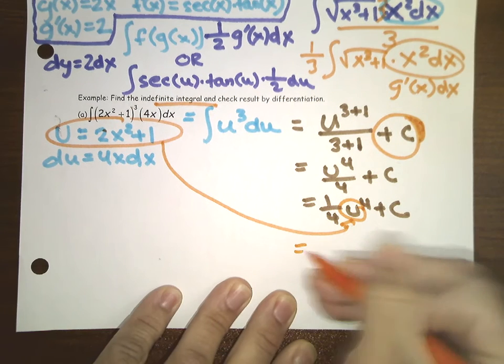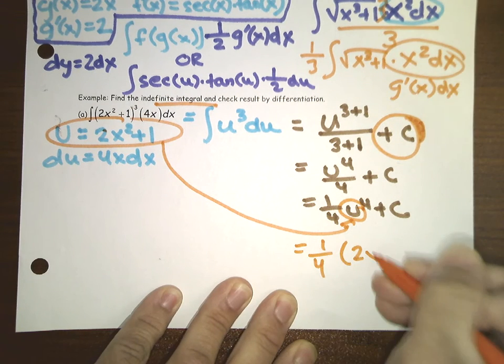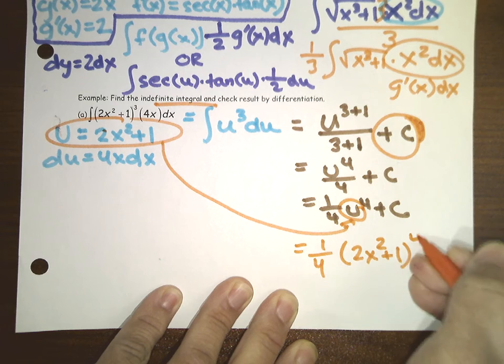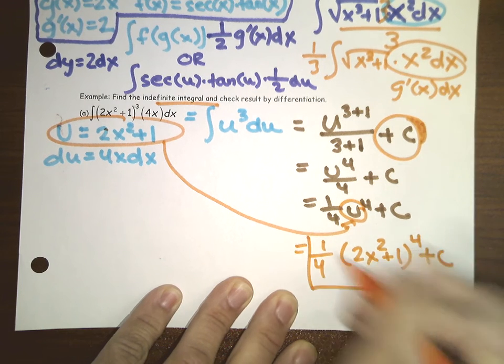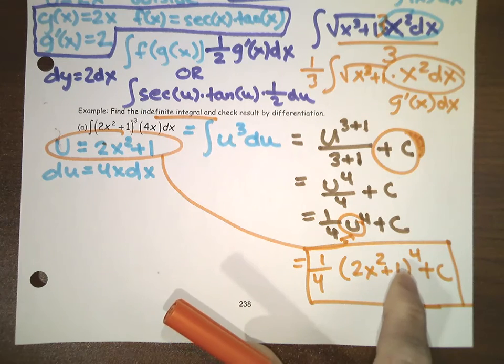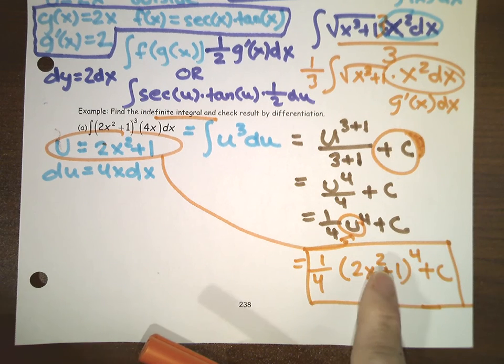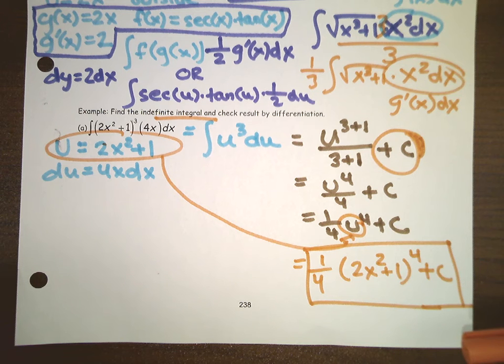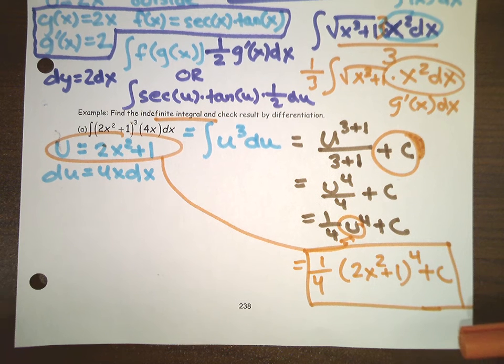So this will be 1/4 times 2x squared plus 1 to the 4th plus c, and that will be my final answer. You don't need to multiply any of this out. You just need to leave it like that, and that would be okay. Hopefully everyone is okay with that.